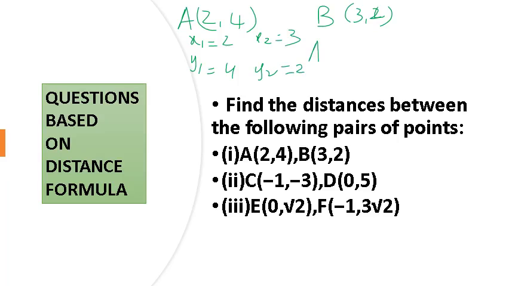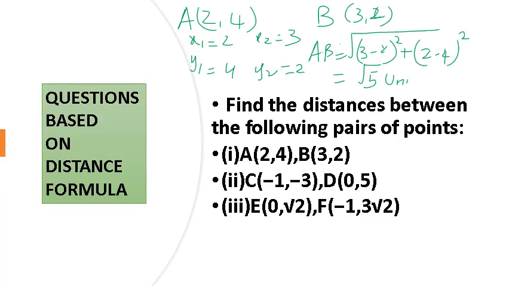You know the distance formula, AB is equal to under root 3 minus 2 the whole square plus 2 minus 4 the whole square. So it gives you the result as under root 5 units. Very important is units: how many kilometers, meters, how much distance there is, accordingly you have to write the units.